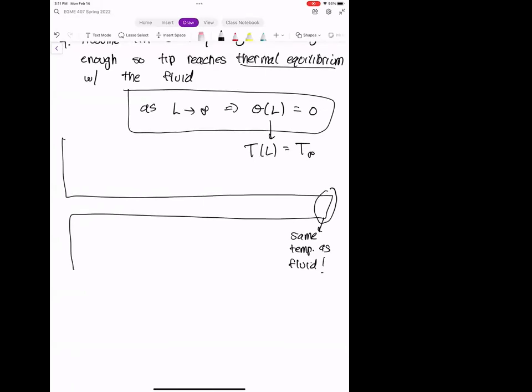So does that make sense? Any questions on the physical reasoning behind this tip condition here? All right. And the reason we use this one is that mathematically it's the easiest one to do.